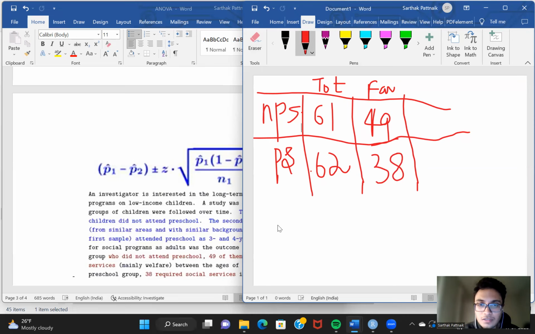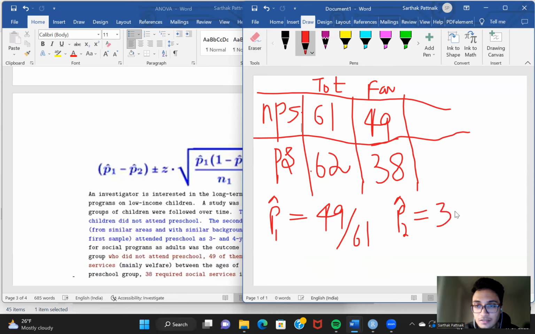So I'll calculate my P1 cap, 49 by 61. P2 cap is 38 by 62.